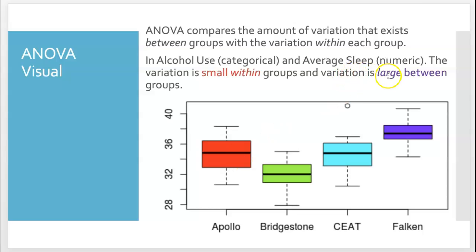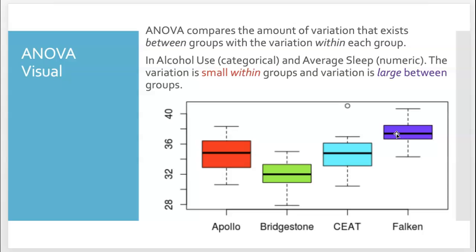And then we say the variation is large between groups. If we think of these as the means, I mean they're the medians, but we have one mean here, one mean there, one mean there. As we're traveling between groups, we're tracking how much variation we have.